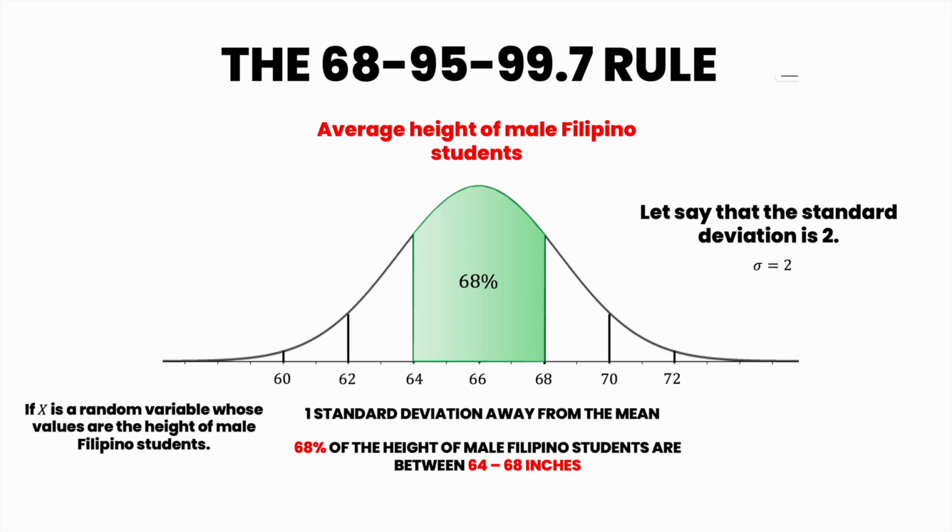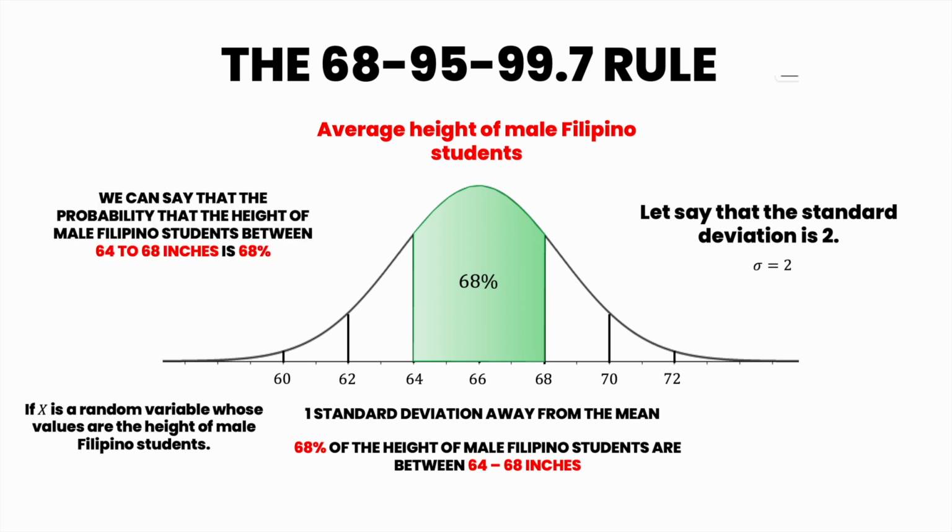If X is a random variable whose values are the heights of male Filipino students, we can say that the probability that the height of a male Filipino student is between 64 and 68 inches is 68%. Or we can write this in a mathematical way, just like this.